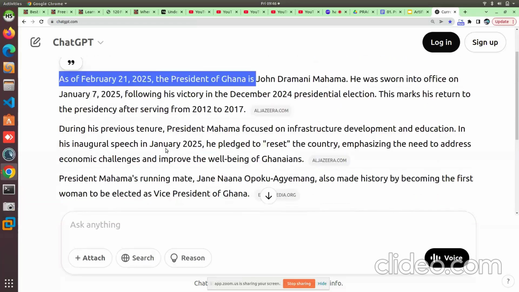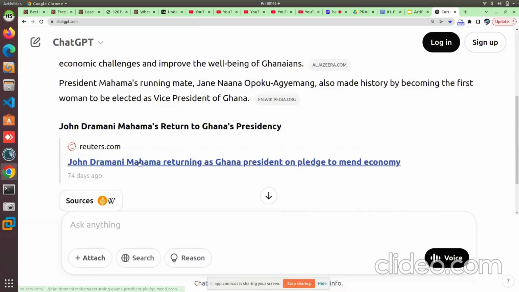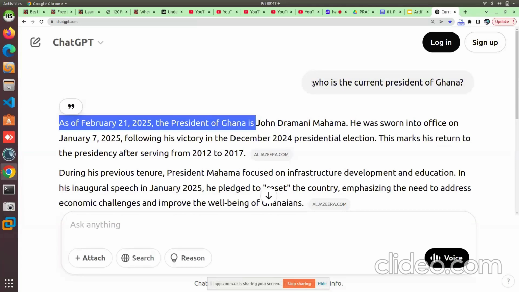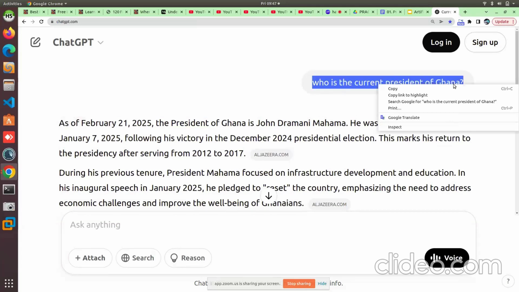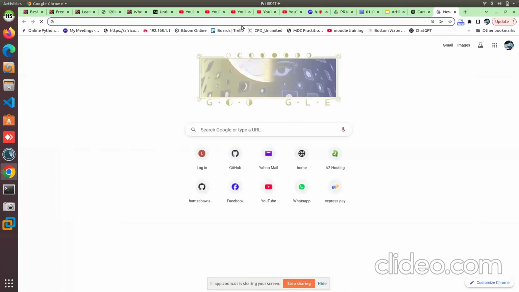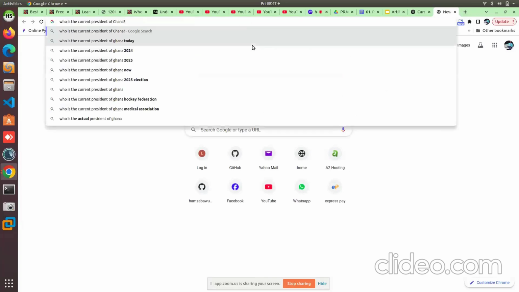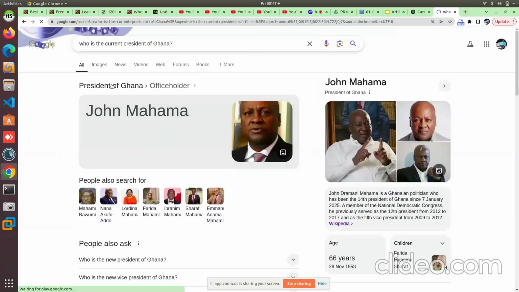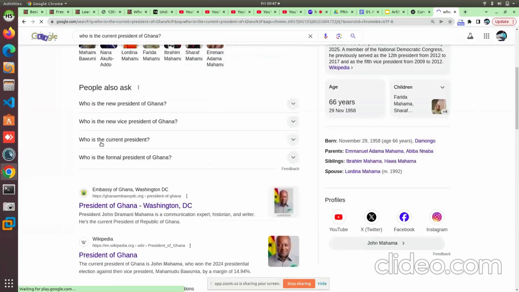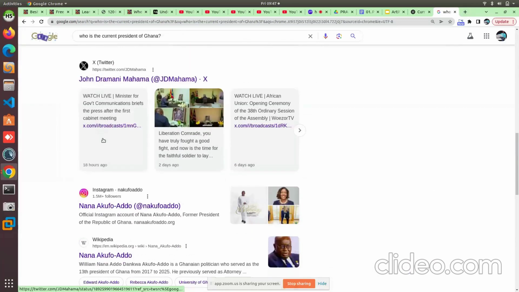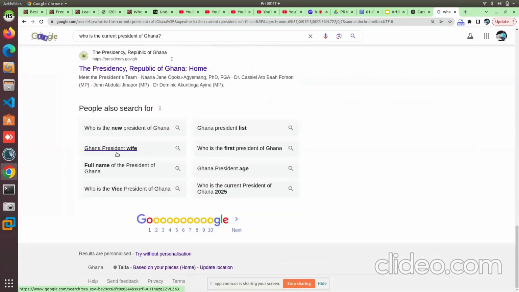This is just a summary. So if you were to ask the same question in Google, let me just copy the same thing and put it in Google. Google will show you pictures and 100 different websites where you can go and read. But now you have to read.